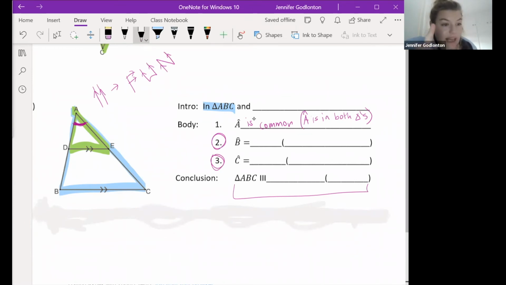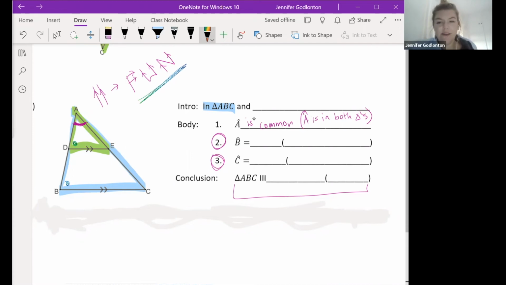Okay, so yes, Jasmine, 100% DE is parallel to BC, but remember, because lines are parallel doesn't mean that they're equal. So when we see parallel lines, what we want to be thinking about is fun. We're wanting to find angles that are the same. Good, Jasmine, absolutely. Kutwana, perfect, beautiful.